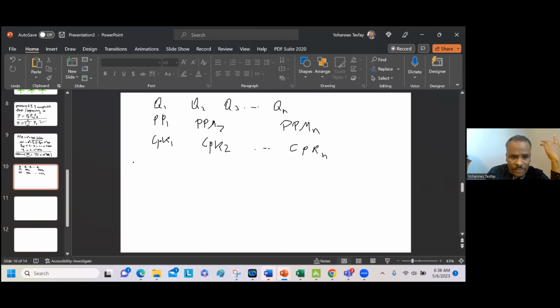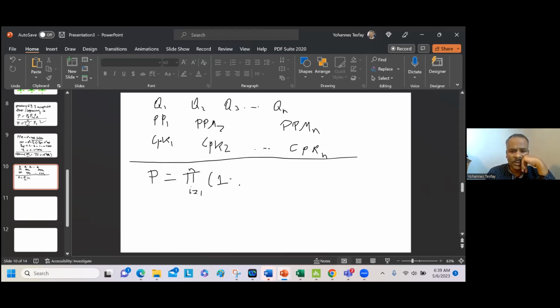So now, from here, what we get is the probability of a good part, acceptable part. P we already defined as the product of I running from 1 to n of 1 minus 10 to the power of minus 6 times ppm I, isn't it? Yes. So this is the probability of success.